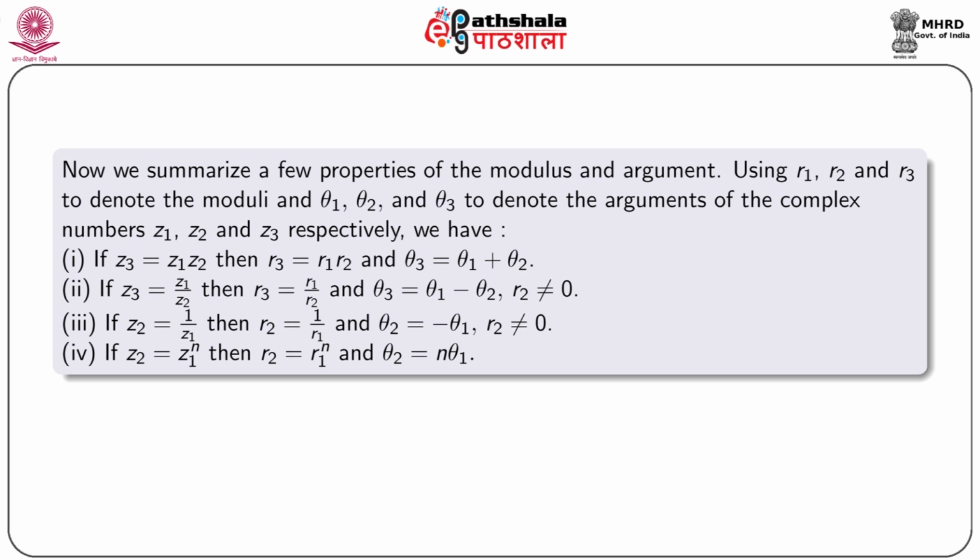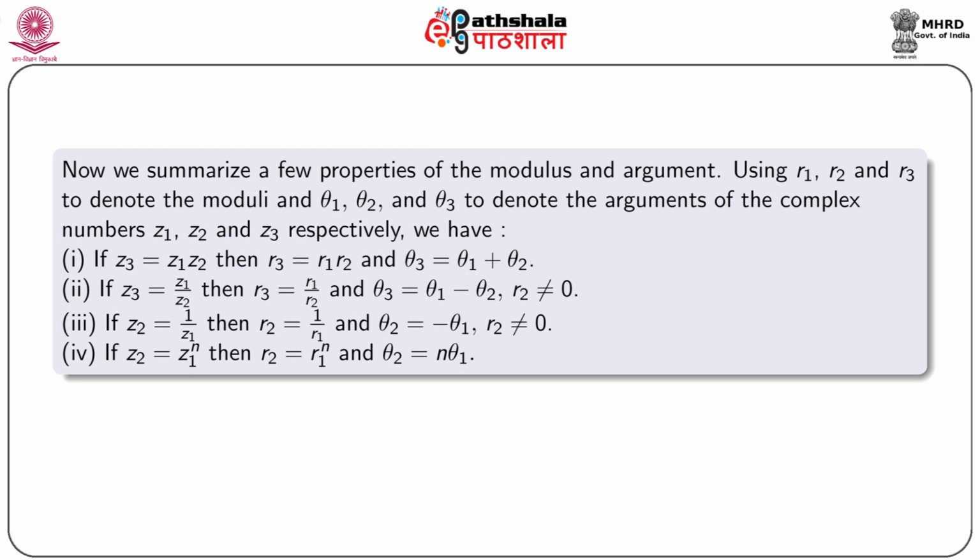Now, we summarize a few properties of modulus and arguments. Let R1, R2 and R3 be the moduli of the complex numbers z1, z2 and z3 respectively. Also we suppose that theta 1, theta 2 and theta 3 denote the arguments of the complex numbers z1, z2 and z3 respectively.